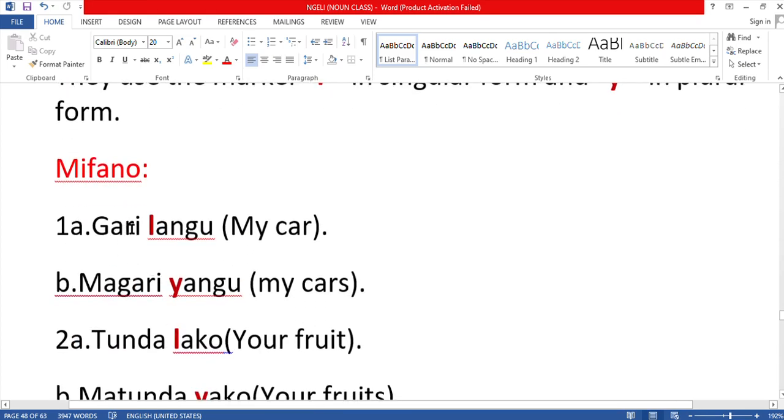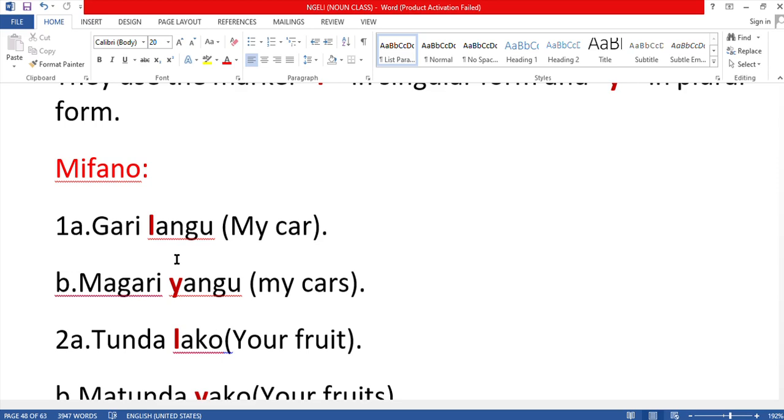Mifano: gari langu, my car. Hili ni gari langu, this is my car. In plural form is magari yangu, my vehicles, or you can blend and add some haya ni magari yangu.